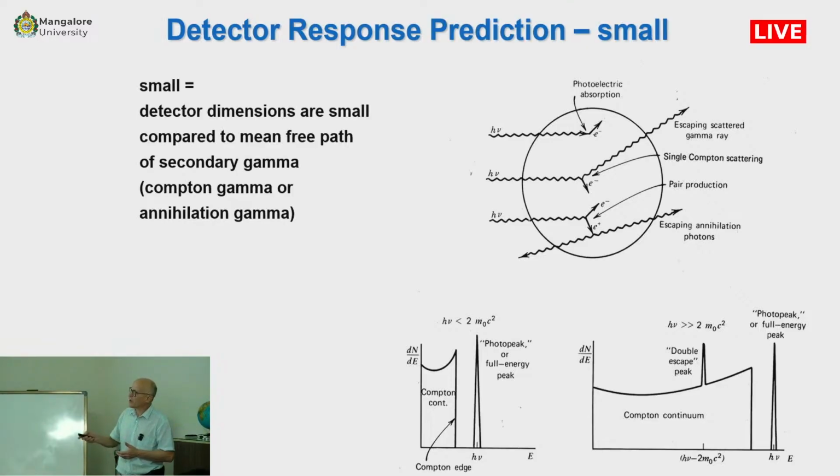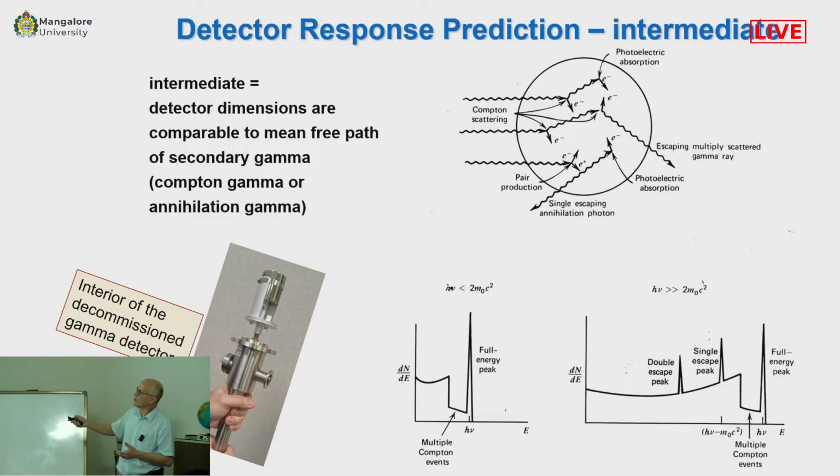Let's look at the realistic detector. Its size is like your detectors here in your lab. So what does this intermediate mean? Its detector dimensions are comparable to the mean free path of secondary gammas.